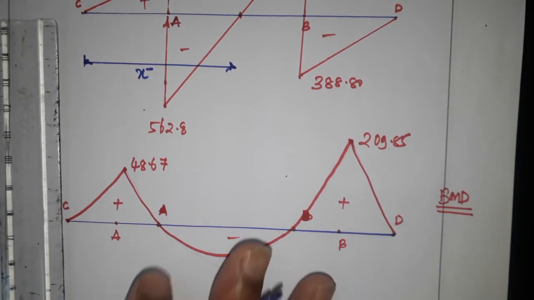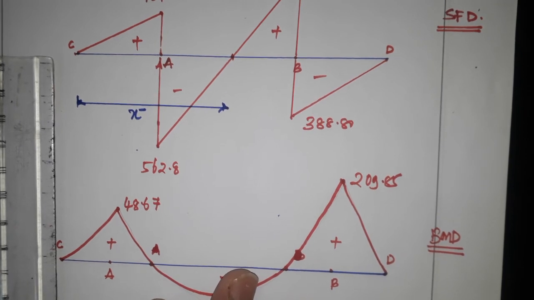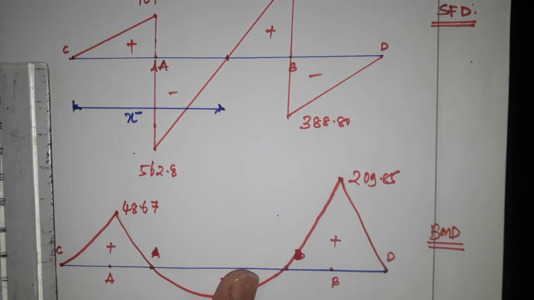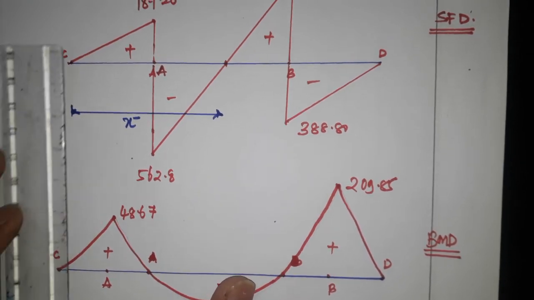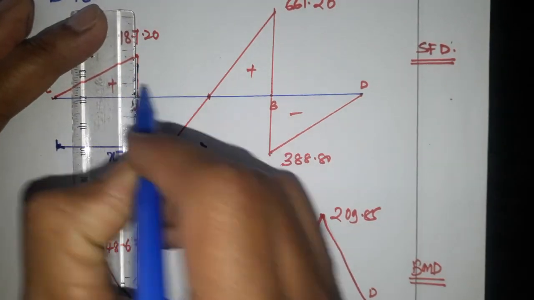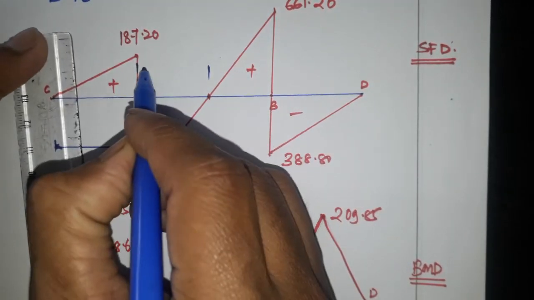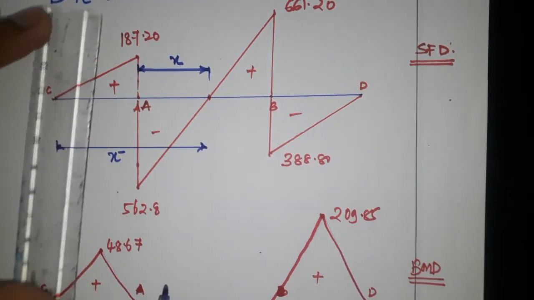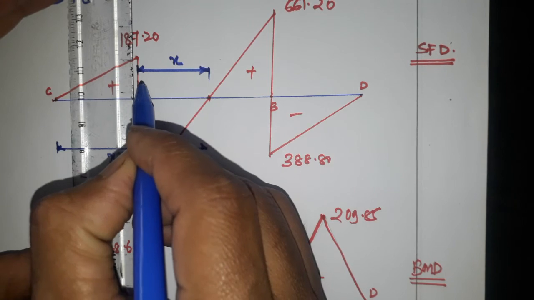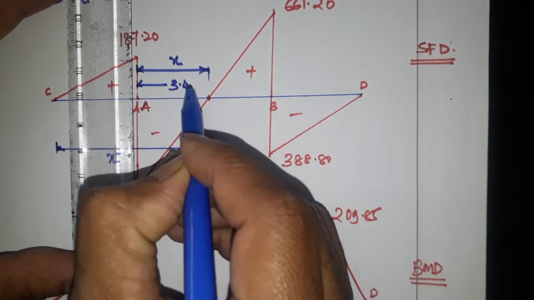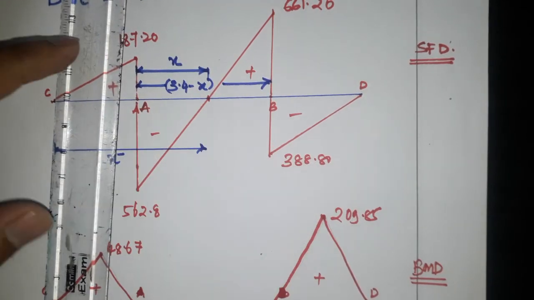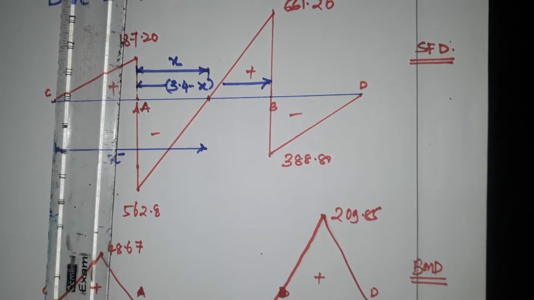By any method you can find out this. I have used here the concept of similar triangles. So here I'll assume this distance as x. The remaining distance, from here to here, will be 3.4 minus x.